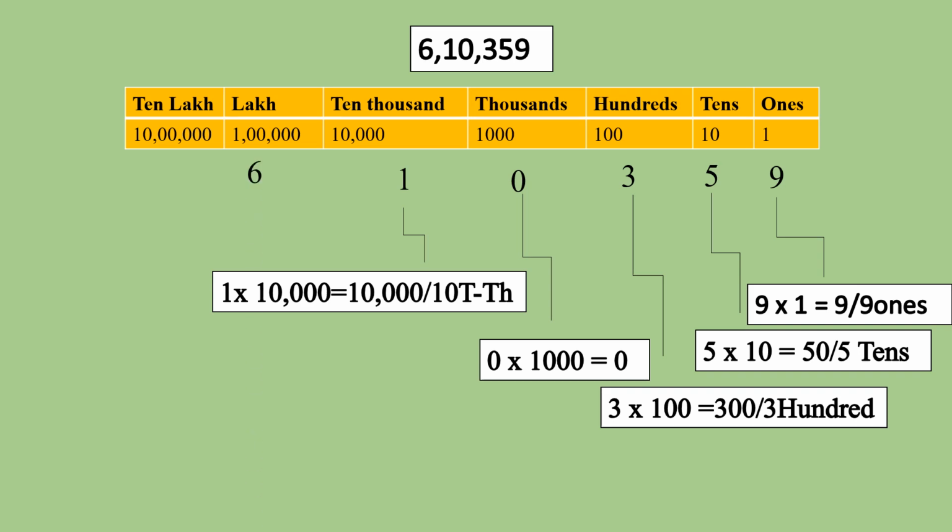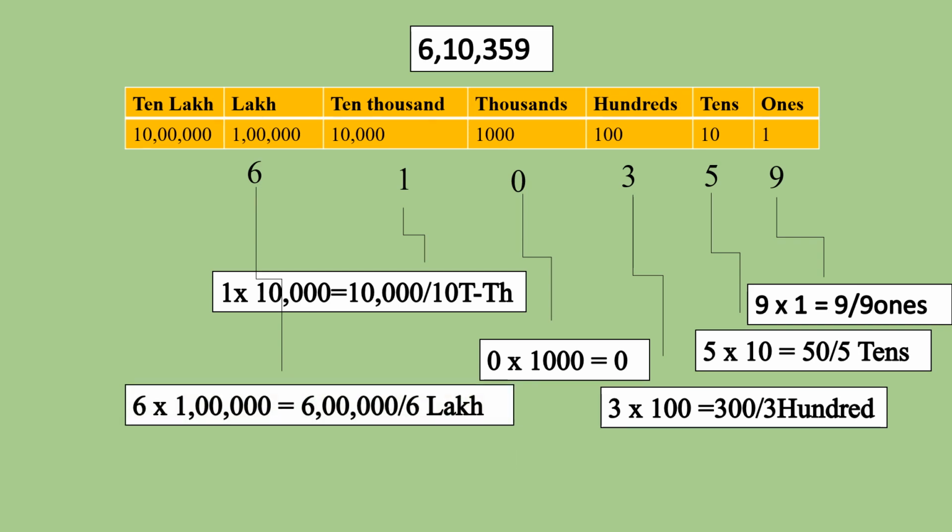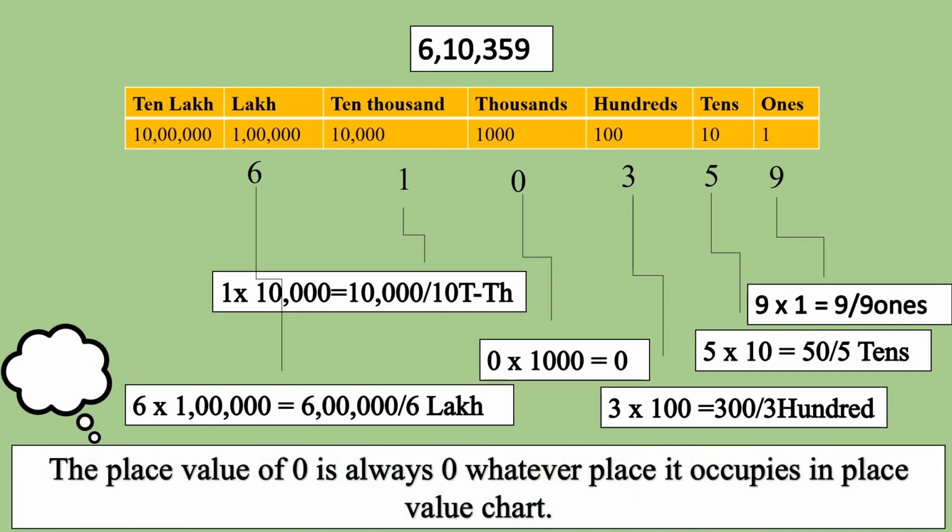The place value of 6 is 6 multiplied by 1 lakh is equal to 6 lakh. Here children, point to remember is the place value of 0 is always 0 whatever place it occupies in place value chart.